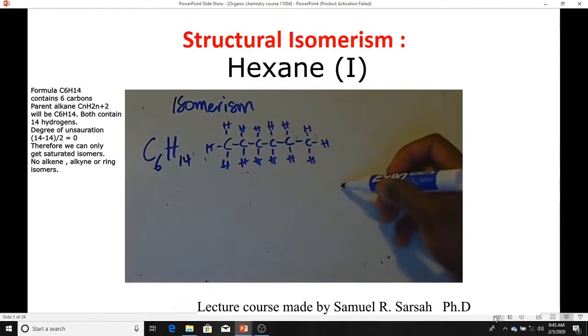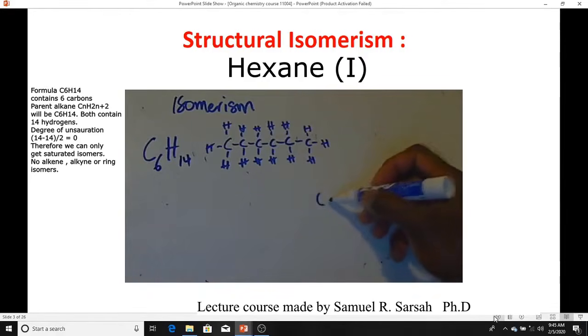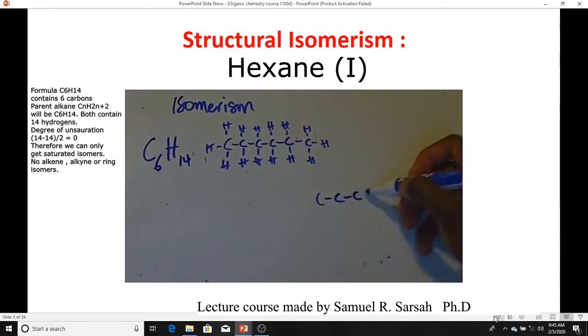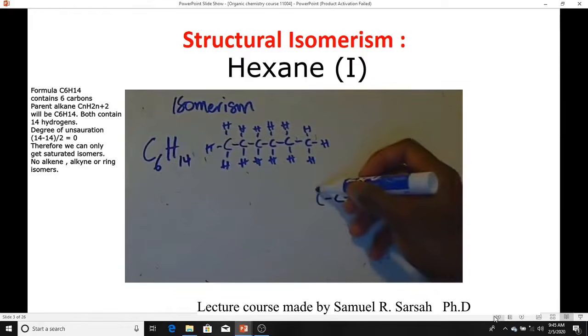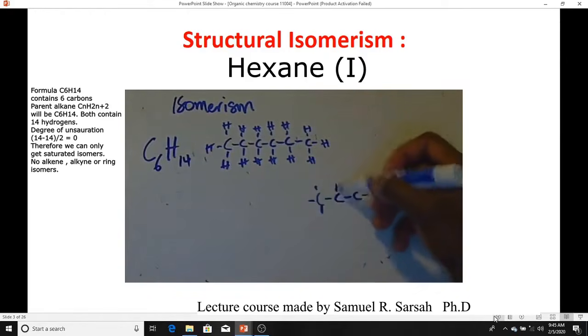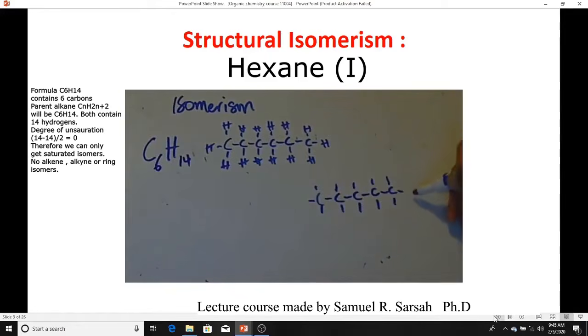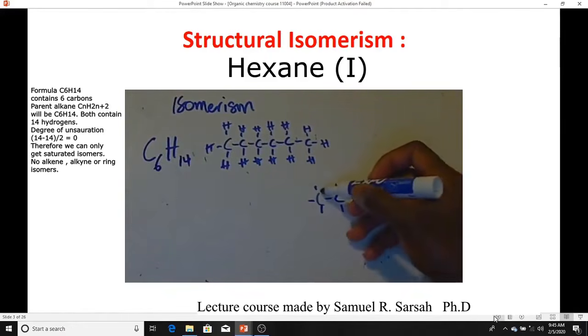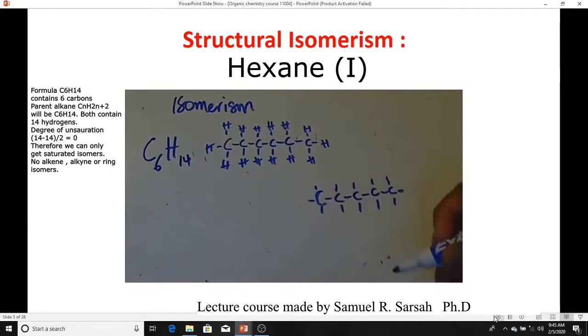So let's see, I'm going to shorten it by 1, so we have 1, 2, 3, 4, 5. Let me put on the skeleton. Alright, so now we have 5 carbons in the chain. Now, where will the other carbon go? I can put it here, or here, or here. I will also get a substituent.